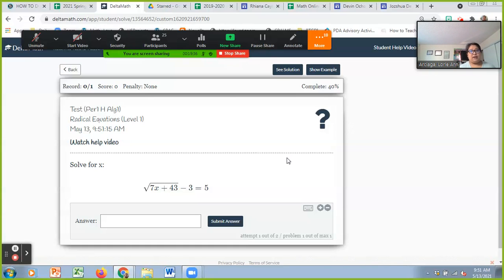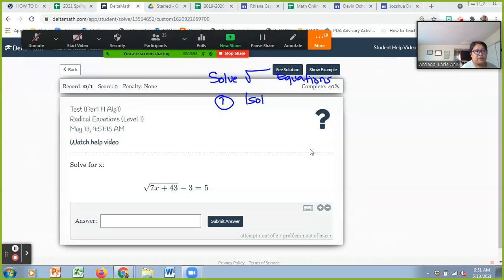This time you have to solve for x. So how do we solve radical equations? Please write down the steps in your notebook. If you don't have a notebook, go grab your notebook. Okay.